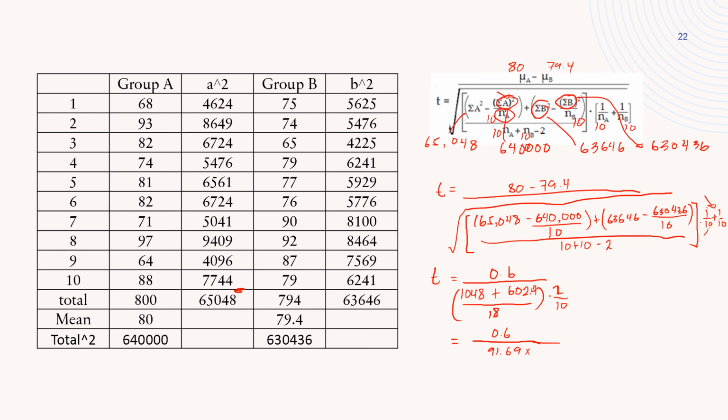Multiplied by 2 over 10, that's simply 0.2. Further performing the operation, you have 0.6 divided by 91.69 times 0.2. I think that comes down to 18.34.